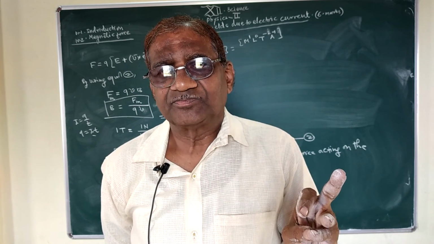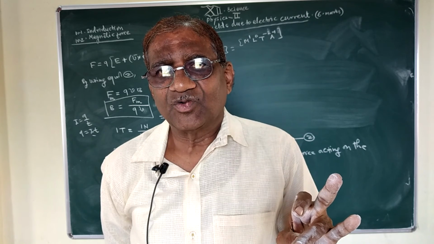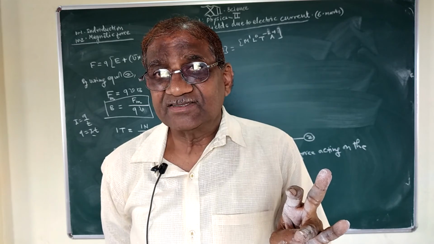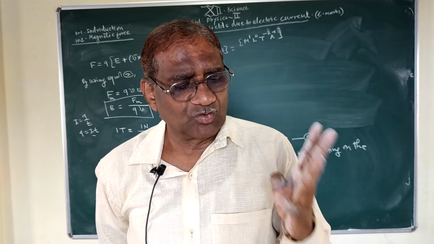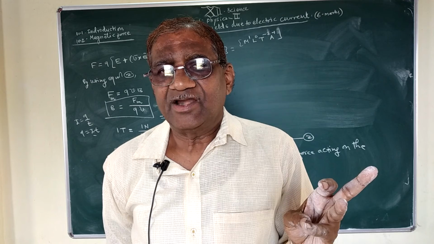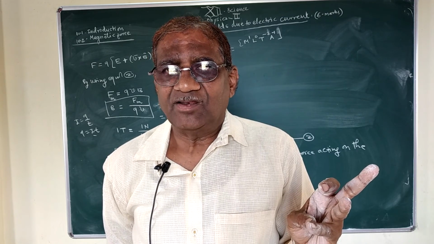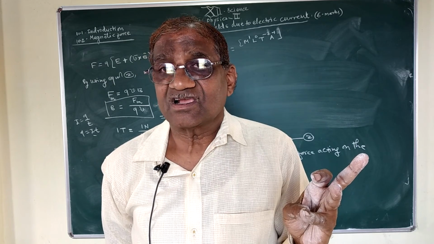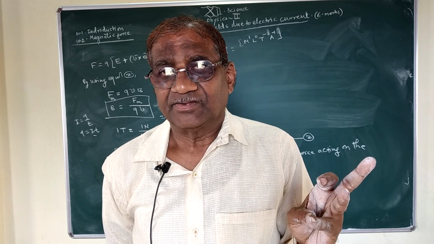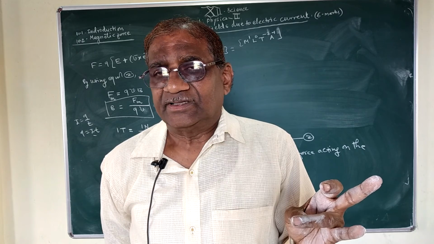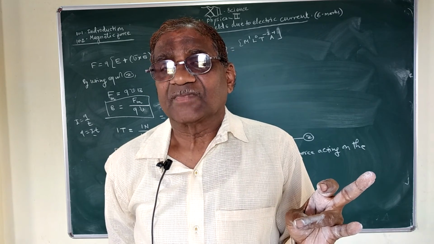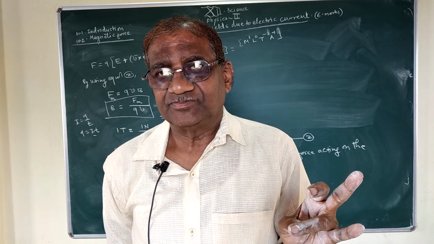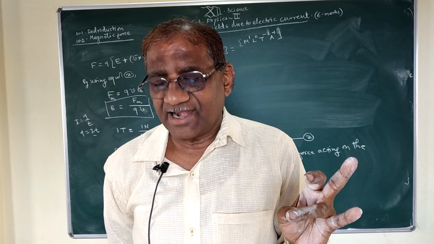Right hand rule, right hand thumb rule, and Fleming's left hand rule. These are the two rules. The right hand rule is applicable for motion of the conductor. The right thumb rule represents the direction of the magnetic field produced due to a current carrying conductor.